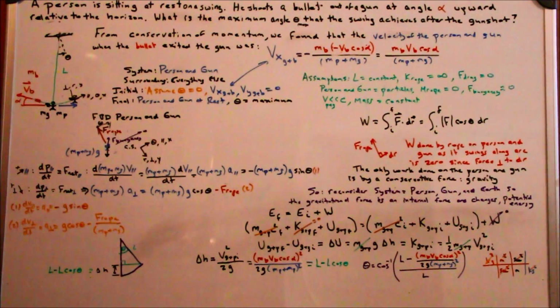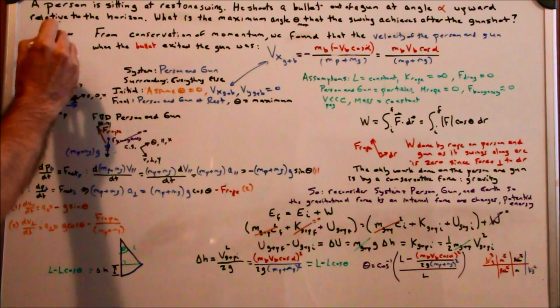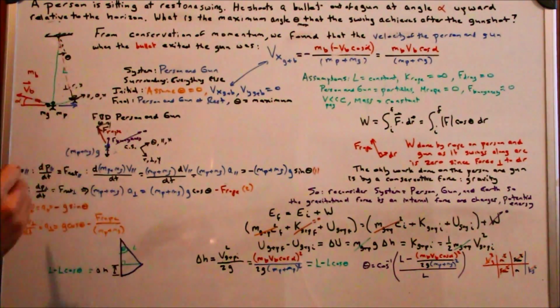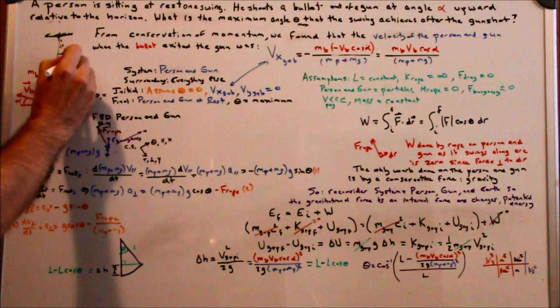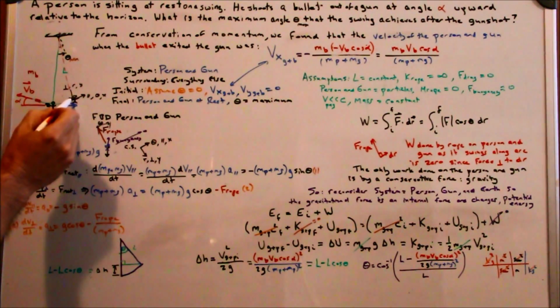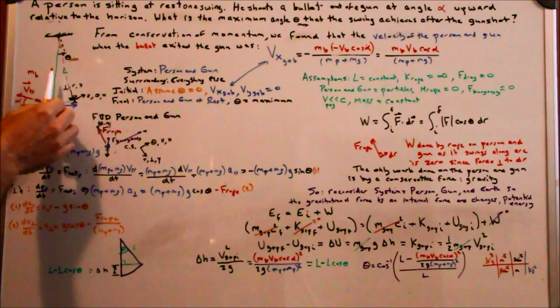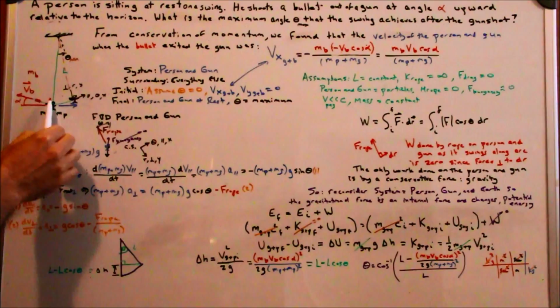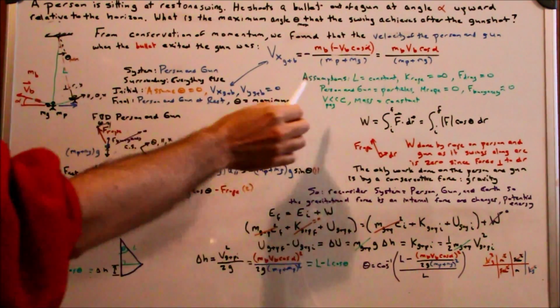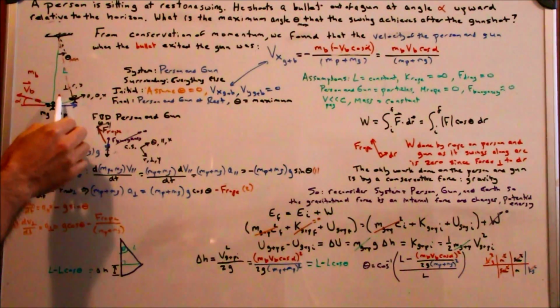The rope is now at some intermediate theta, not at theta max, and we're going to make the assumption that the rope is not stretching, so this length stays constant. That'll be one of our assumptions. So the stiffness of the rope is infinite.